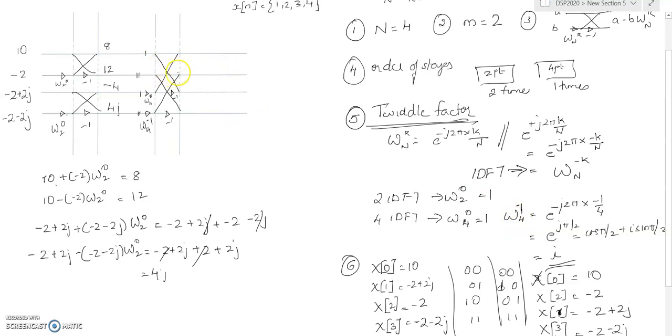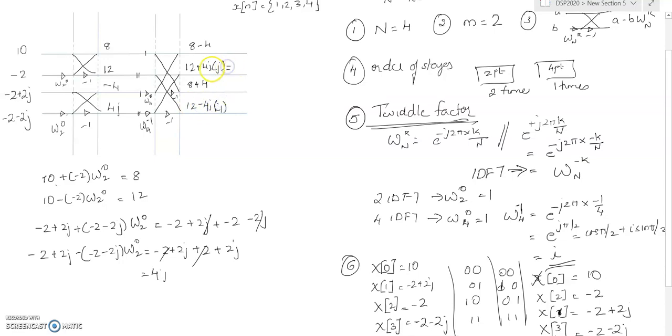So when we solve this butterfly, this becomes 8 minus 4 W40, 8 plus minus 4 W40 actually, and here it becomes 8 minus of minus 4, so 8 plus 4, and then we have 12 plus 4j W4 minus 1 equal to j, and then over here we have 12 minus 4j into j.